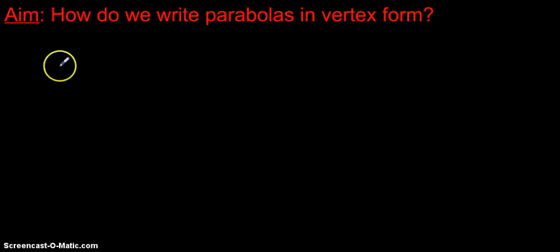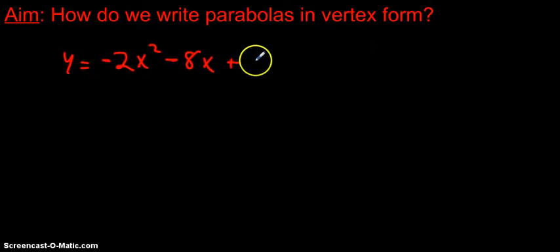So let's just make one up. Y is equal to negative 2x squared minus 8x plus 16. Now I did try to make it so that they were multiples of 2, so it would simplify pretty well, but it might not. But we'll find out shortly.